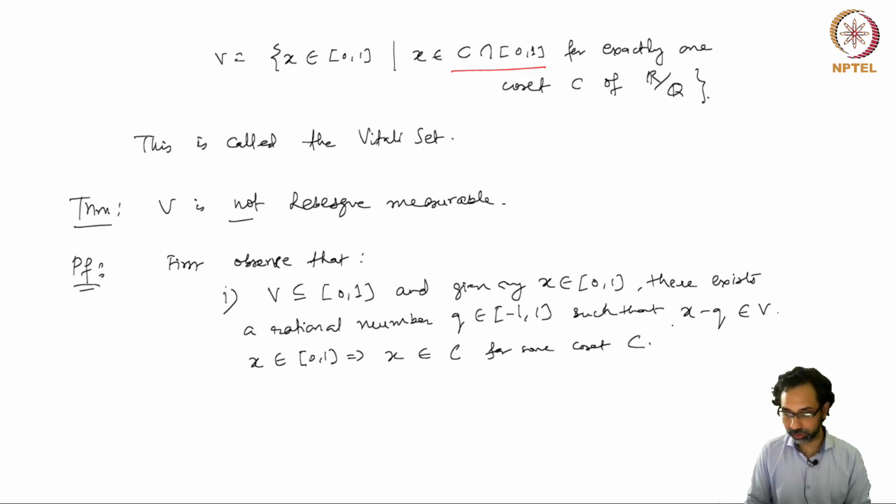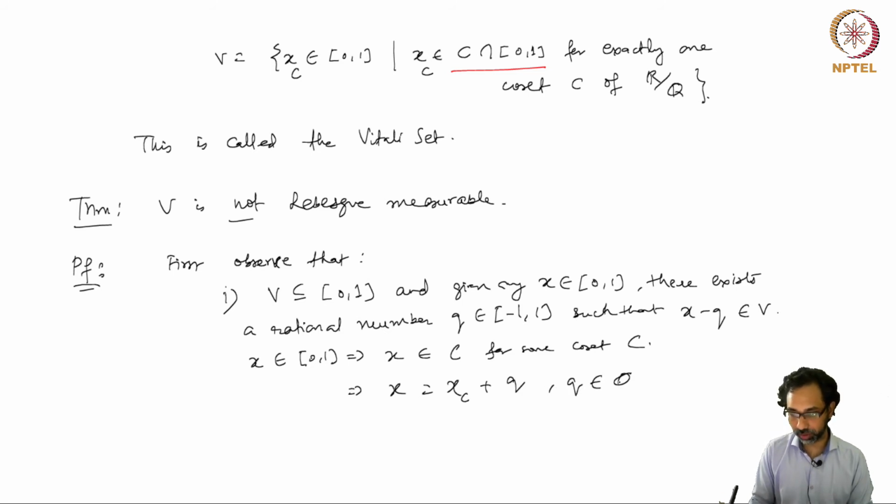It must belong to some coset C, and choosing the representative from the Vitali set, let me write x_C for the representative inside the Vitali set for the coset C. So this means that x equals x_C plus some rational number q, and because both x and x_C belong to [0, 1], this is in fact a rational in [-1, 1].